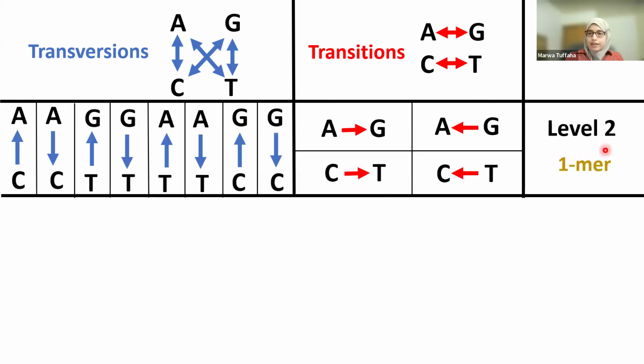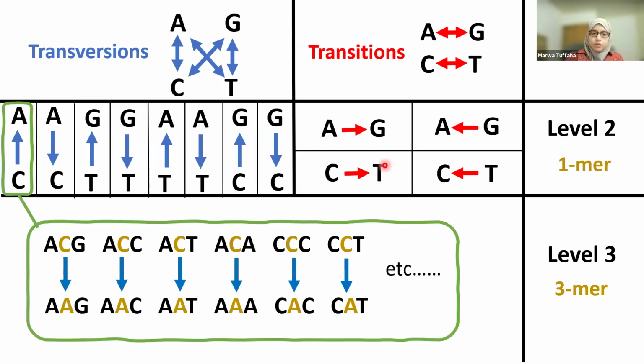But you can go even deeper and consider a more detailed level, which is the 1-mer level, in which an A to G mutation is different from a G to A mutation. They're not in the same class, so you have more types of mutation to work with. And you can even go deeper to the 3-mer level, where you take the context into account.